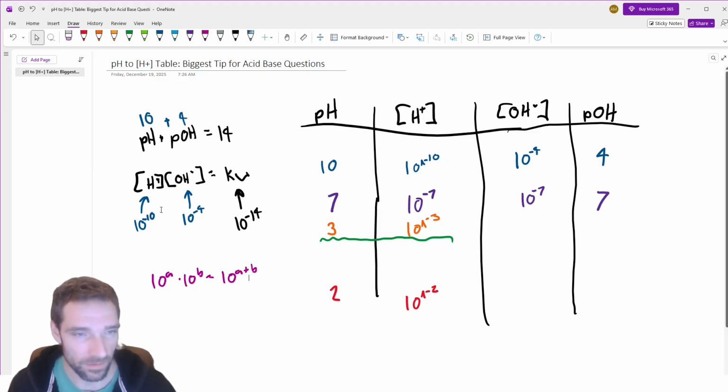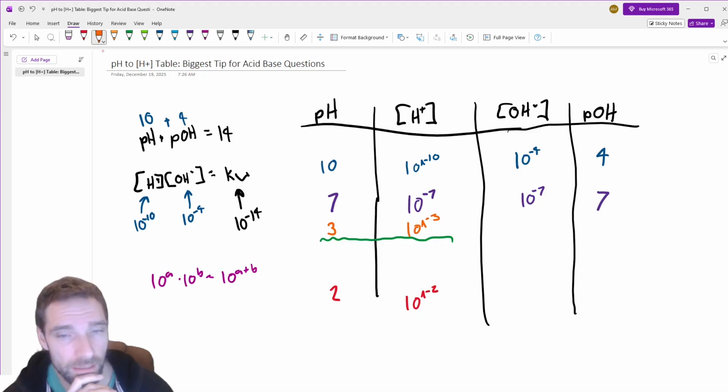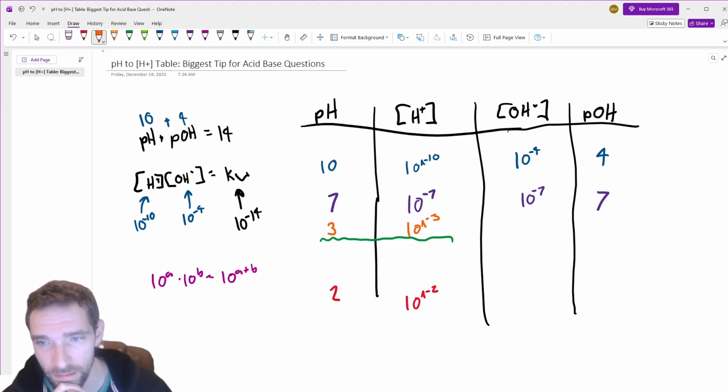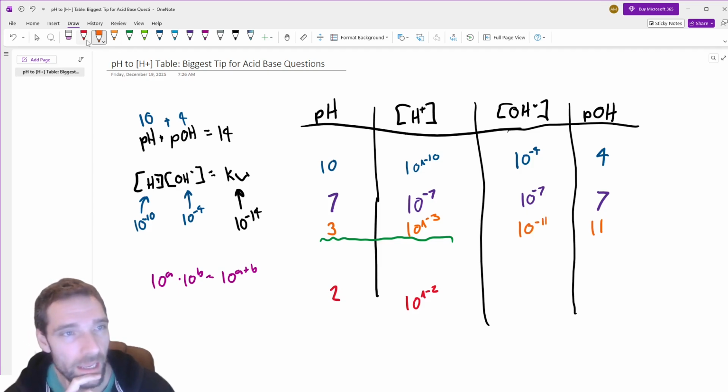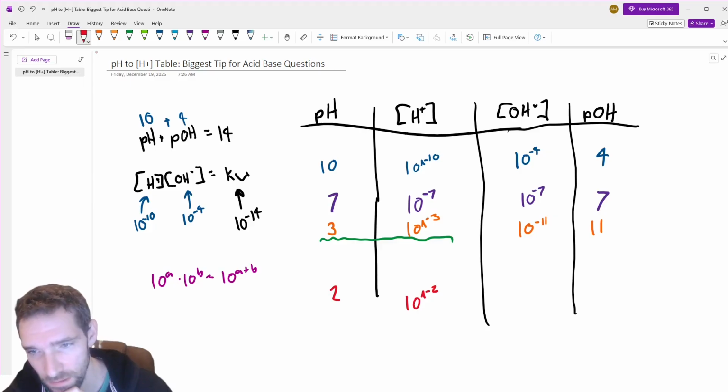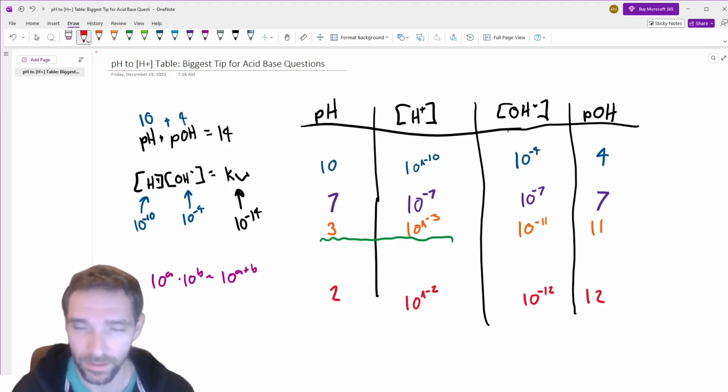You can see that we've got 10 up to negative 10 and 10 up to negative 4. When those multiply together, you get 10 to the negative 14. We can then also think about 3, that should be with 11, and this would be 10 up to the negative 11. And if you have 2, then this is 12, and this is 10 up to the negative 12 power.